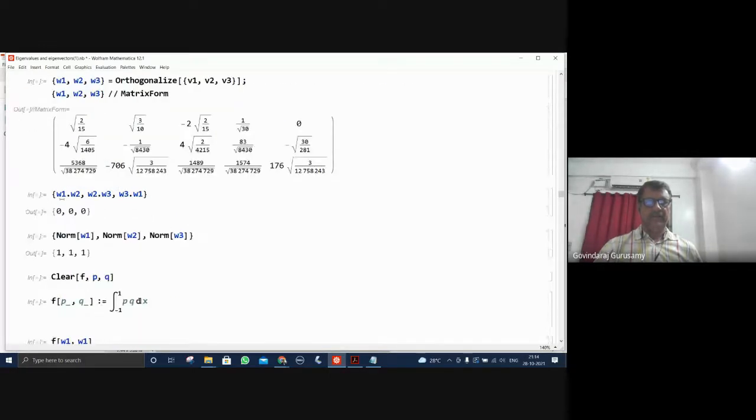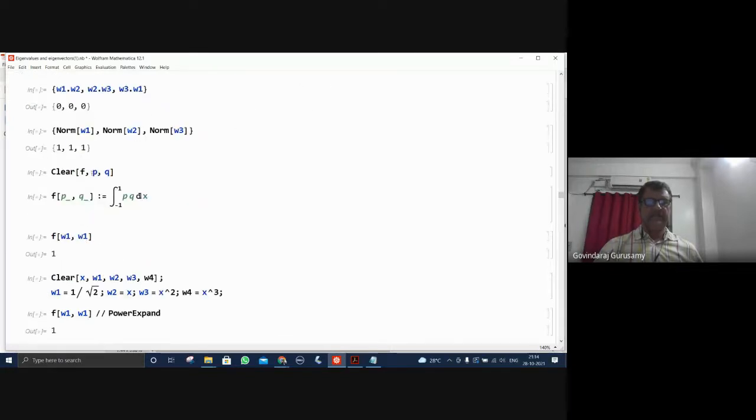If I take the dot product of w1, w2, w2, w3, w3, w1, it is going to be 0, 0. So if you do that, it always satisfies these orthogonality conditions. And they're all unit vectors, which can also be checked here.